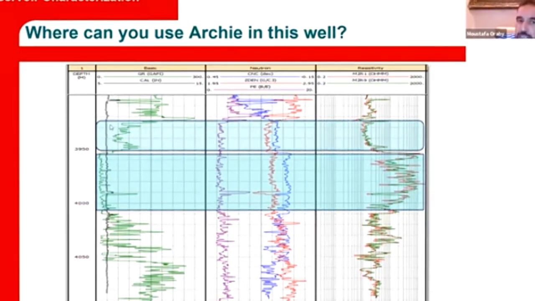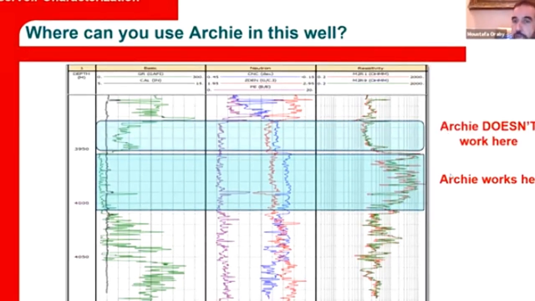Should I apply Archie in this one? No, because you have clay volume here. Your clay volume will be more than 10% for sure. But here you have a very clean formation. So the conclusion is Archie does not work here. Archie actually works here. Archie works in this zone, which is the clean zone, and Archie does not work in the shaly zone because it has lots of clay. And the Archie equation doesn't have any clay information in there whatsoever.